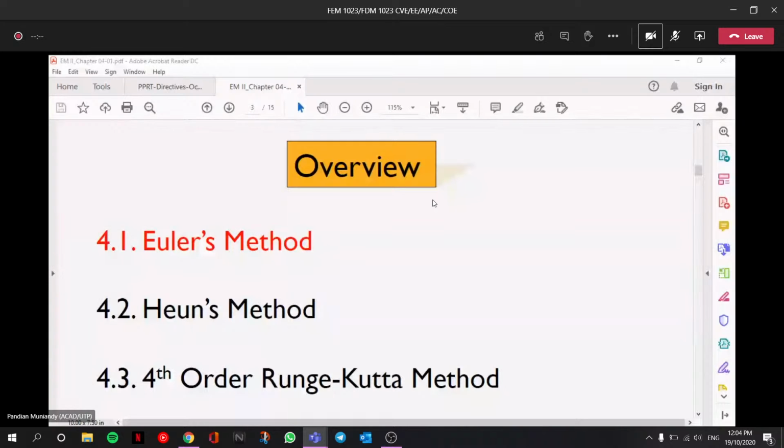The first one to three chapters are about analytical methods. And then next, chapters 4 and 5, we call it numerical method. So why numerical method?